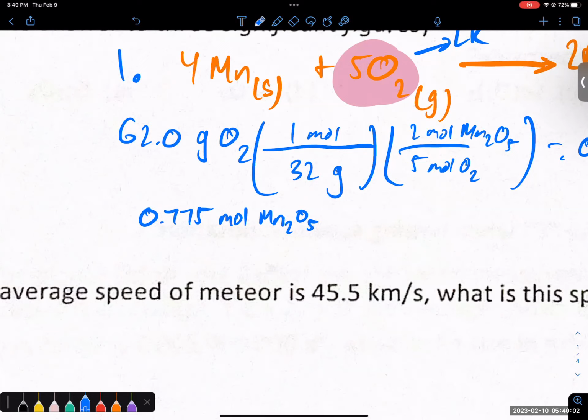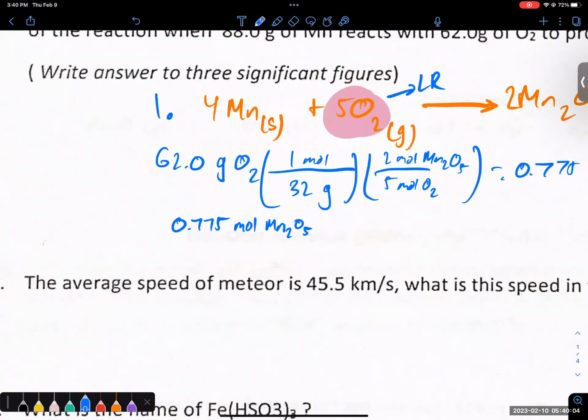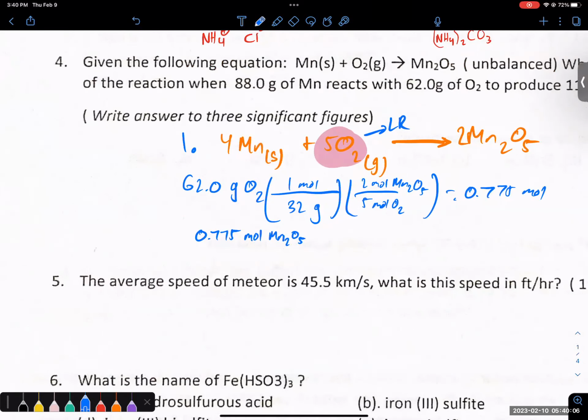That's definitely what she said. So solving for that, now I wish I didn't erase it. Was it 54.938? So we're going to calculate our molar mass of Mn2O5. So 1 mole times 2, and then this is 5 oxygens.